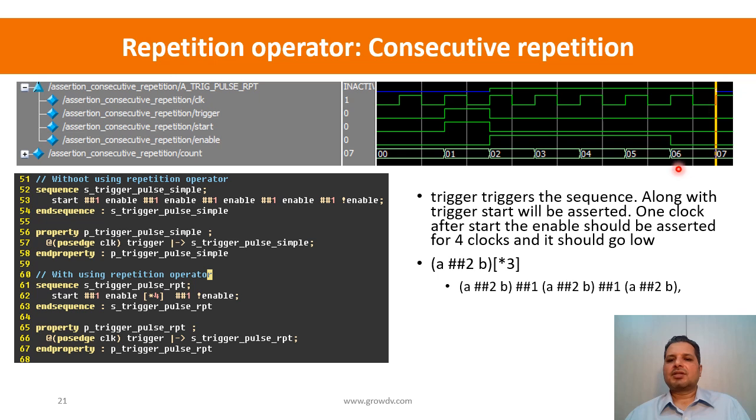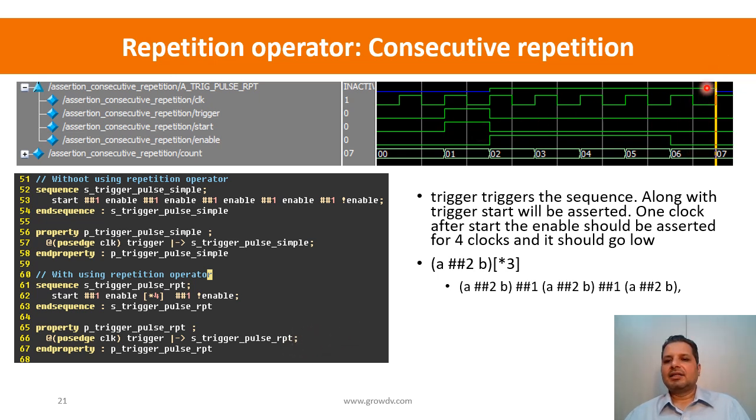For example, this entire sequence that we have, wherein we have the start followed by enable being asserted and enable going low, we can say this has to be repeated, 4 times, or 2 times after every start. That also is possible. Here for this s_trigger_pulse_repeat, I can put again a square bracket and put 2, then it repeats 2 times.